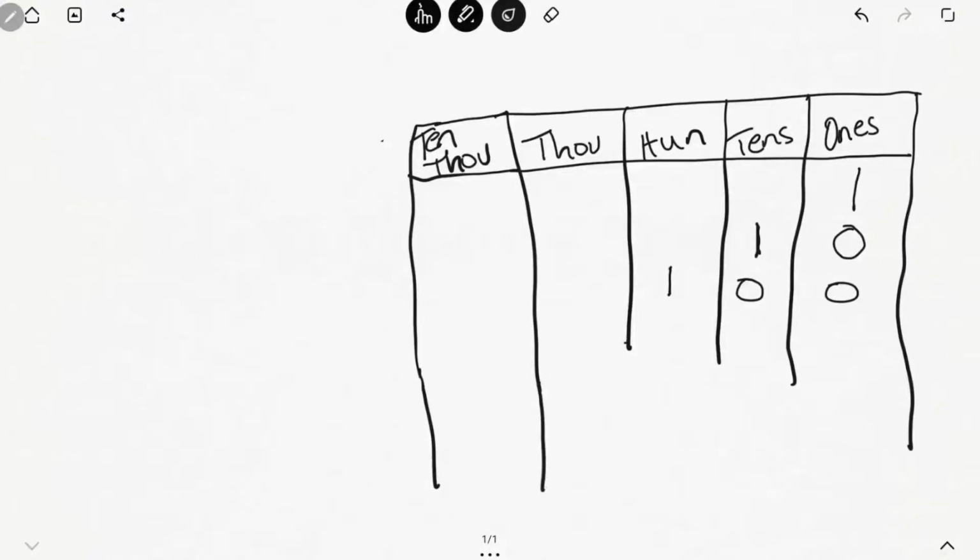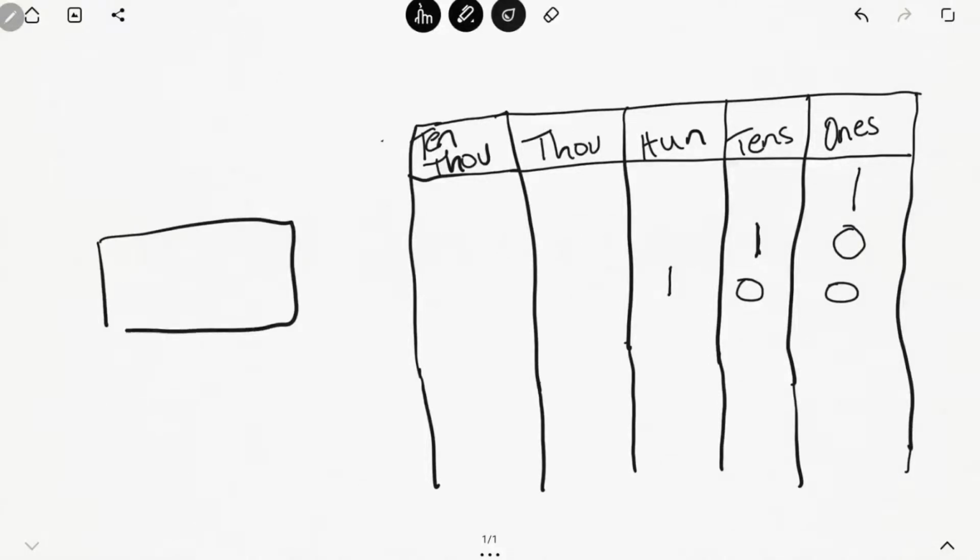And let me make my messy chart columns a little longer here. All right, now you have your $100 bill, and you can see that it is one $100 bill, 0 $10 bills, 0 $1 bills. Okay, let's erase this right here.